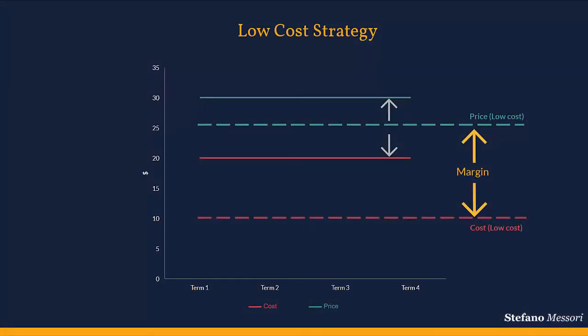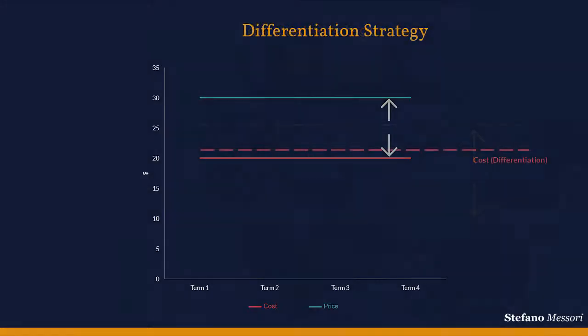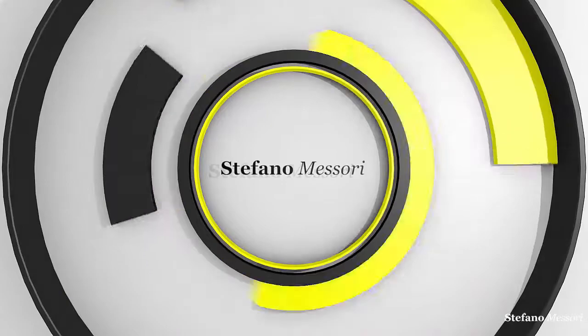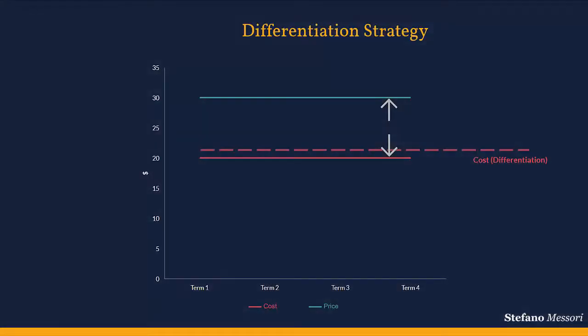After having introduced how companies implementing a low-cost strategy are able to generate higher margins than the average company in the industry, let's explore a differentiation strategy. Companies competing through a differentiation strategy face higher cost than the average cost in the industry.